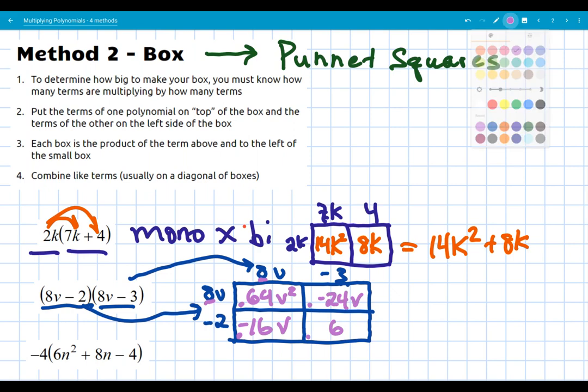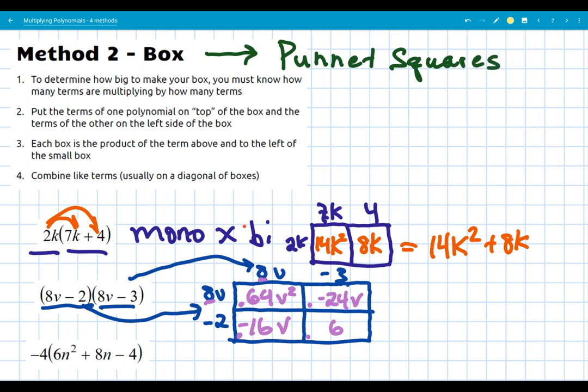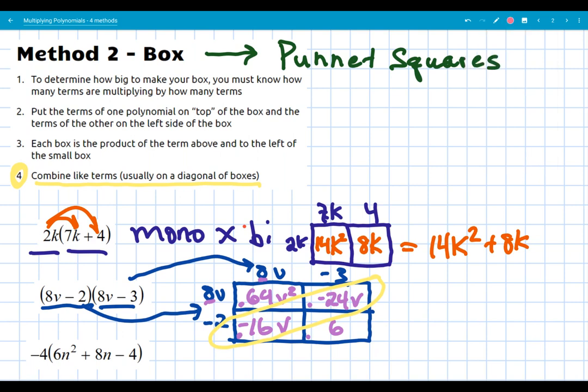Well, the nice thing about using Punnett squares is when you do it like this, the numbers on the diagonal are oftentimes like terms. So here, step 4, I'm circling it, combine like terms, usually on the diagonal of the boxes. So I'm going to write my answer. 64 v squared.